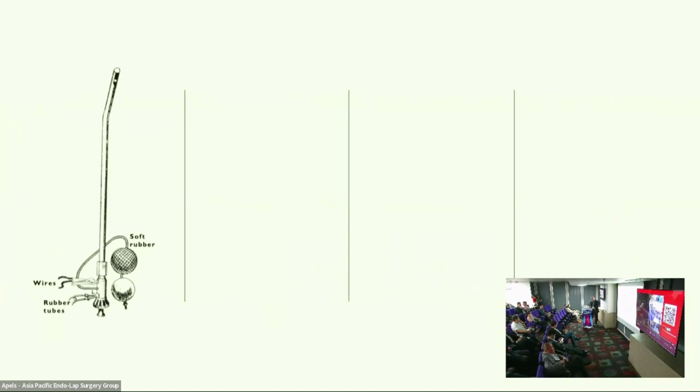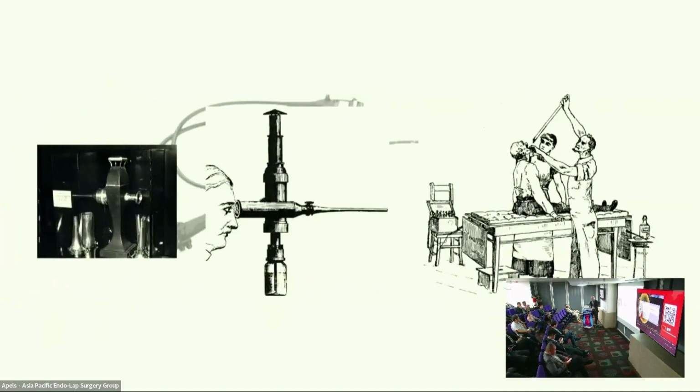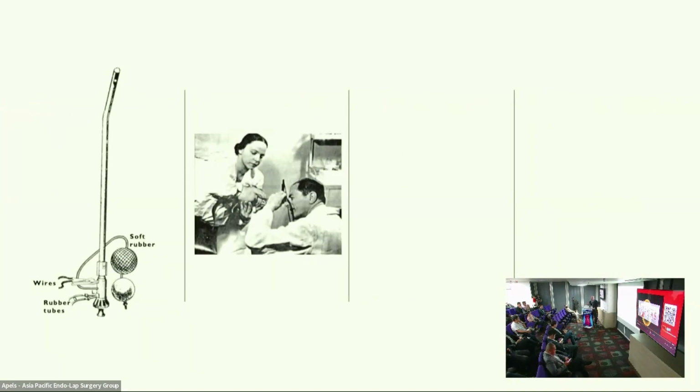So from a rigid scope like that one, wherein you see it's like a sword swallowing thing, like the magicians you see on TV, it has evolved into what we have now, like a flexible endoscope. So that's why you would see some of our older or elder surgeons do like this.